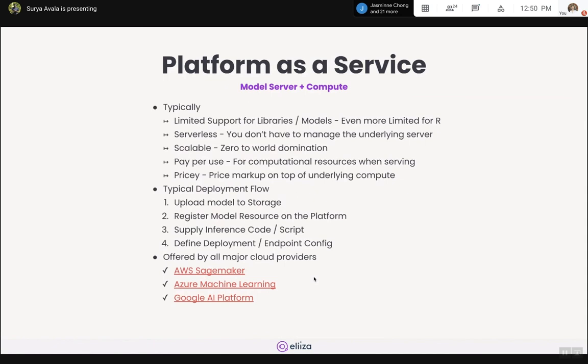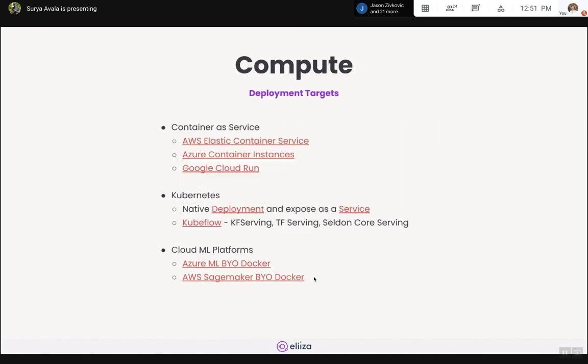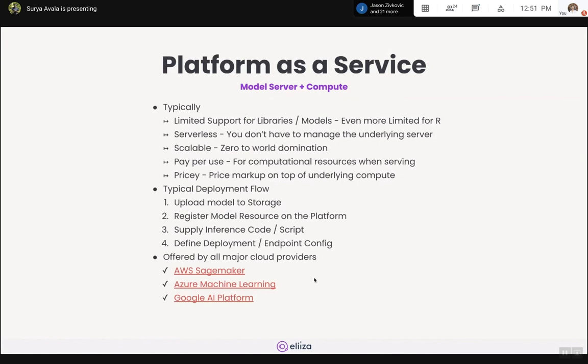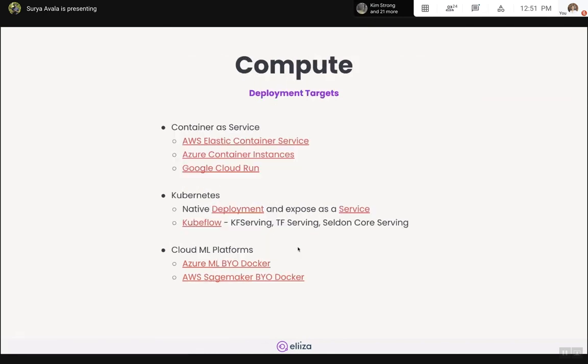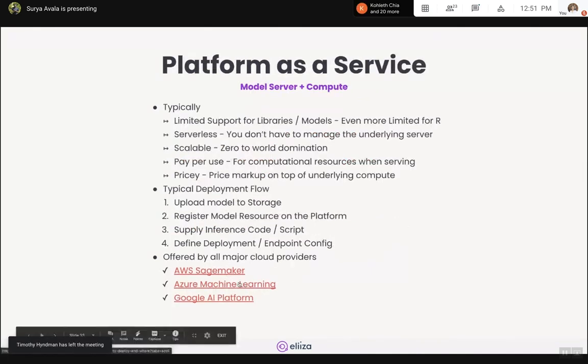So let's take a look at another option, which is this platform as a service hybrid, where they're essentially a serverless model server and a compute target as well. So I'm talking about stuff like Google AI platform or Azure machine learning or AWS SageMaker here, but not the BYO Docker containers, but essentially deploying stuff on their platforms natively.